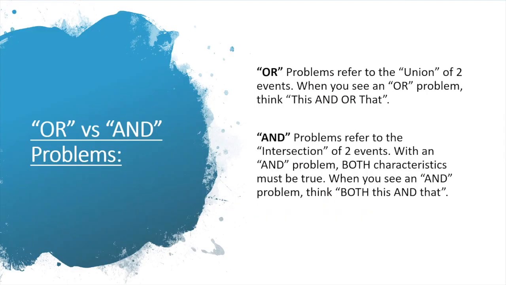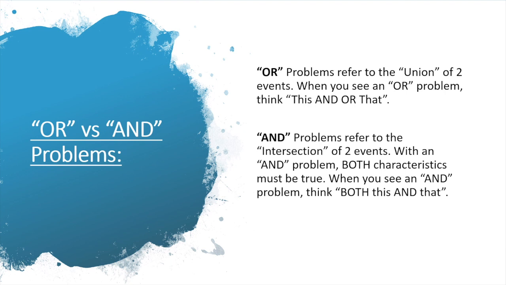So as we get into the probability problems, you'll see lots of problems that have the words or and and. And basically with these 2 words, you should have light bulbs going off and flashing in your head when you see them, because they tell you exactly how you want to approach the problem. So if a problem has the word or in it, they're talking about the union of 2 events.